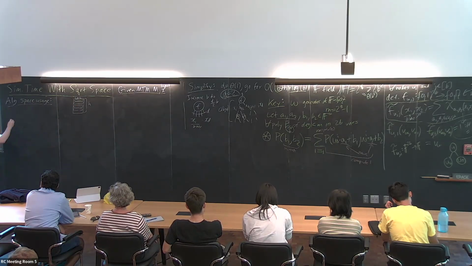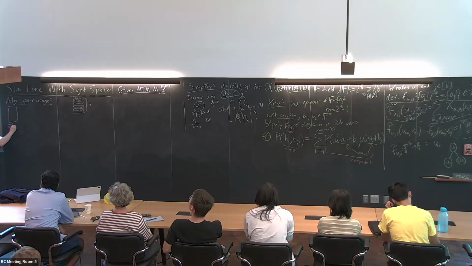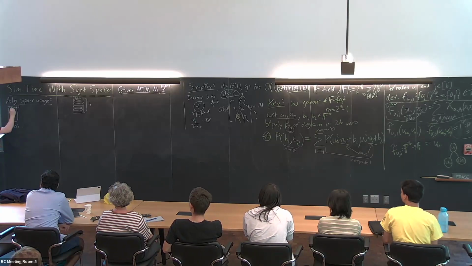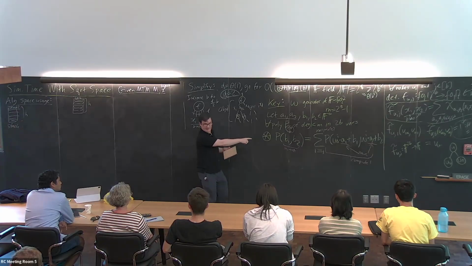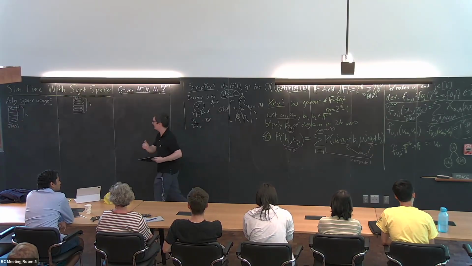So here our stack space will have order log b bits at every layer, which is height. And that will literally be storing a value I. It will store an I in a running sum. So these will be storing I's, okay?